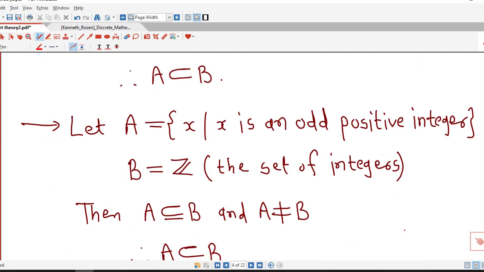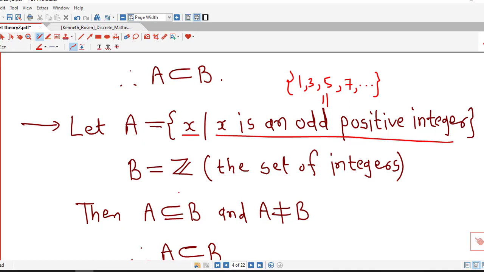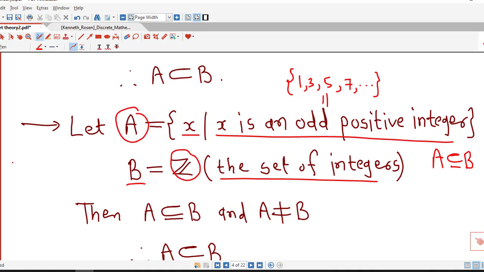We consider one more example. Set A is this set of odd positive integers that we just have written. Odd positive integers means 1, 3, 5, 7 and so on. Infinite number of elements. And B is this set of integers. So set of integer includes all odd positive integers. So here also A is subset of B. Now B is Z. So every element of Z is not an element of A. For example, 2 is an integer.